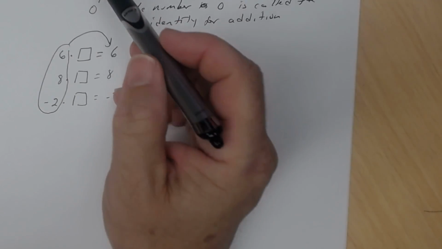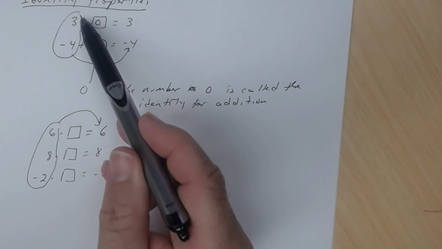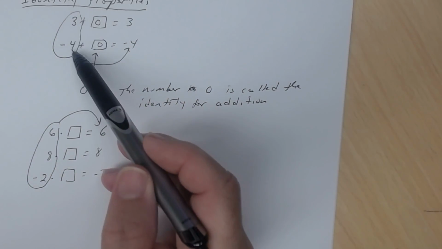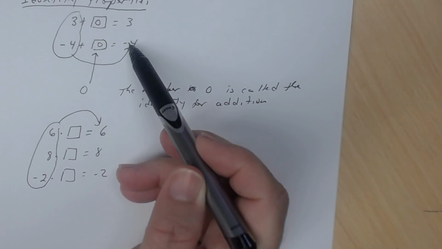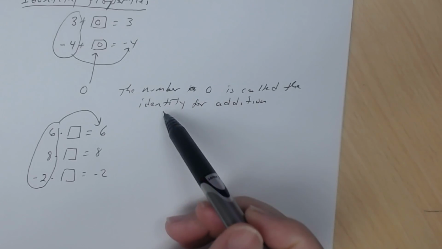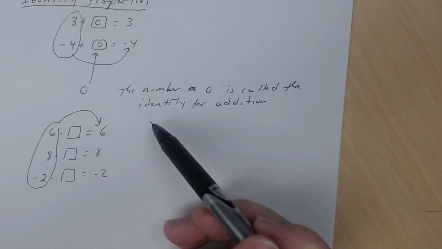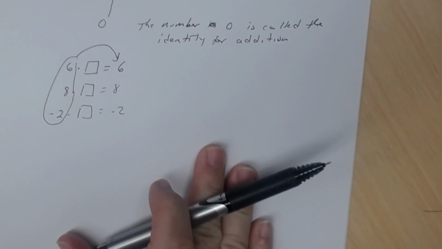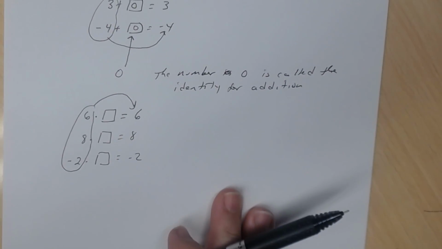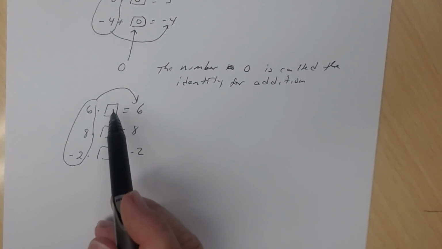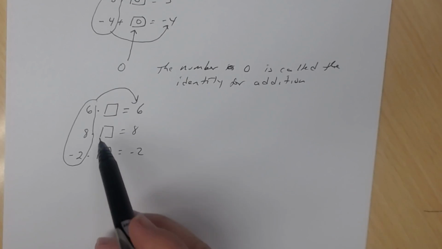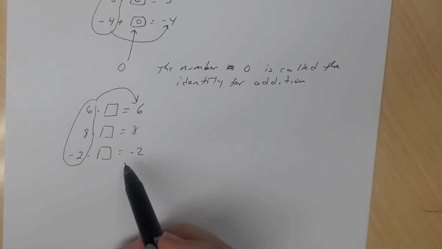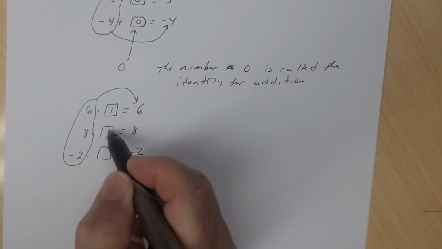And same thing here, when you start out with 3, -4, you wanted to add some number to it so that you got the identical number back. And so hence the word identity. Think of identical, identity. So in this case, though, we're dealing with multiplication. So what number do you think should go in these boxes? So that way, when you multiply by these real numbers, you get that real number back. So if you said 1, that is correct.